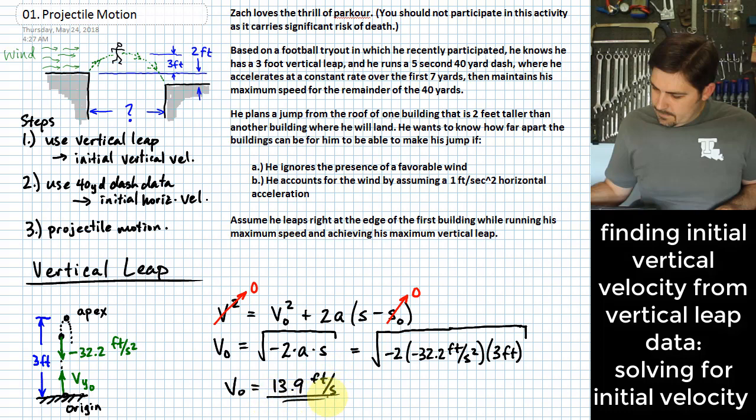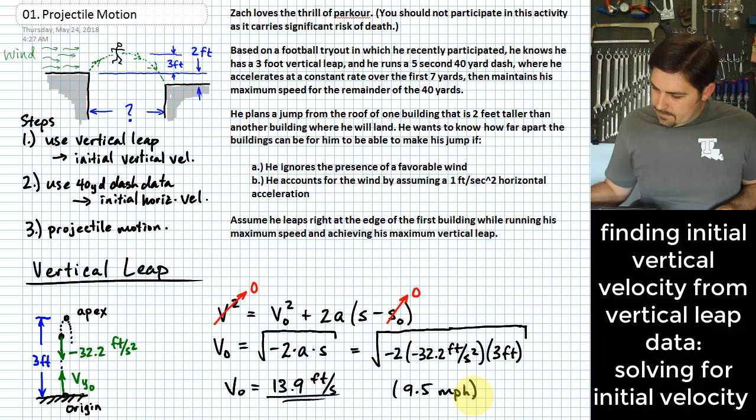Okay, and if anyone's curious, feet per second is not a unit we deal with a whole lot. So let me parenthetically put over here, this is about 9.5 miles per hour. That's sometimes a unit we can relate with, identify with a little bit more. It seems somewhat reasonable. All right, so that's step 1.